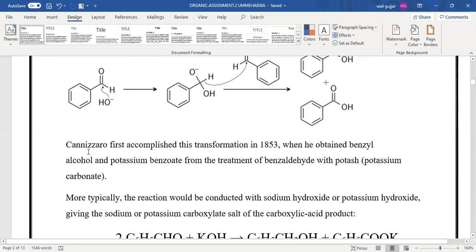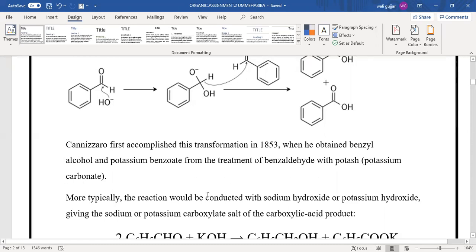So how was it named the Cannizzaro reaction? Cannizzaro first accomplished this transformation in 1853 when he obtained benzyl alcohol and potassium benzoate from the treatment of benzaldehyde with potassium carbonate.